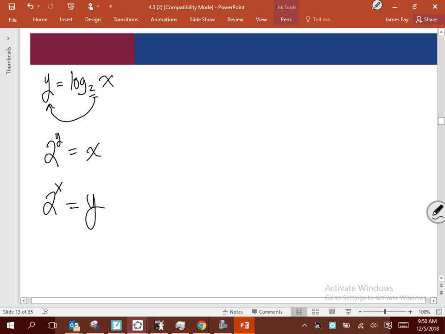Do we know how to graph y equals 2 to the x? We know how to graph that, right? Think about this. We know that on that graph, we're always going to have 0, comma, k times 1. Well, our k right now is just 1, right? Okay? So I'm going to have the point 0, 1. We're also going to have the point 1, comma, k times a, right?